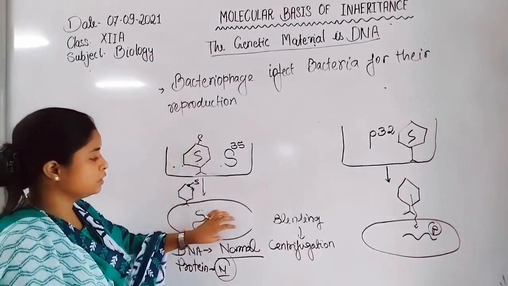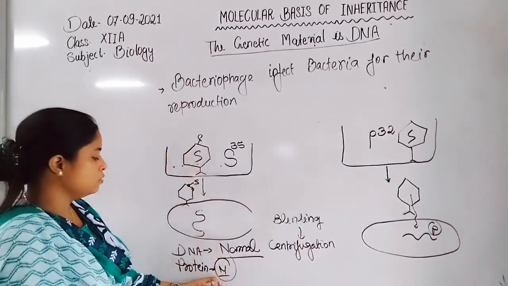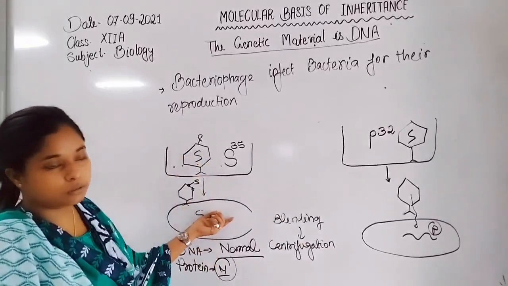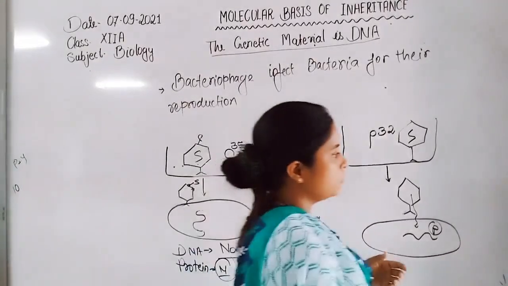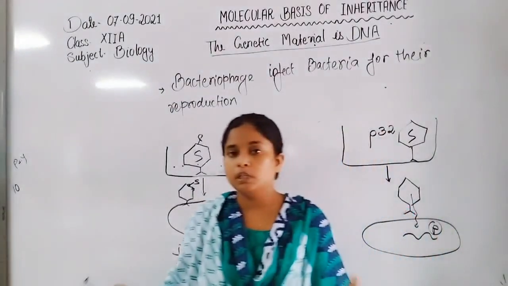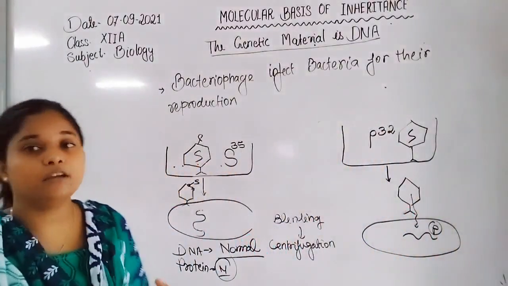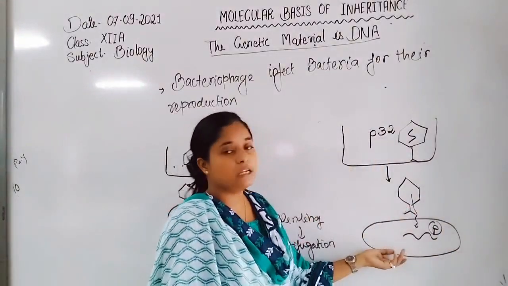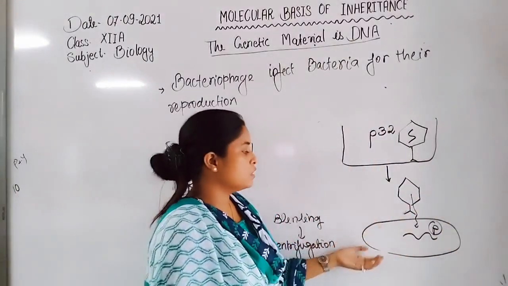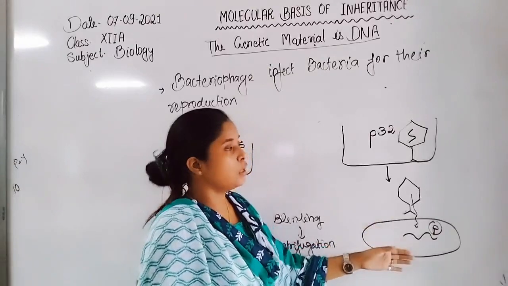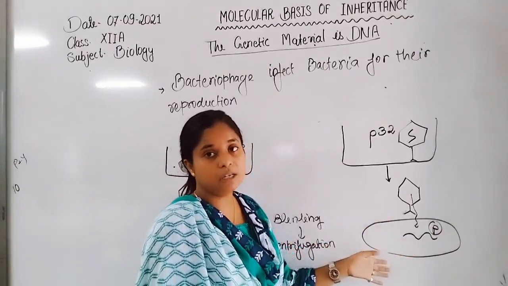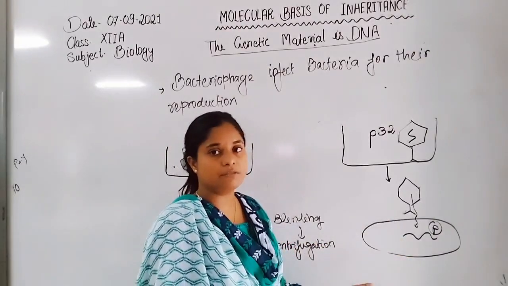So such protein is not a protein of the bacteriophage; this is the protein of E. coli. Did they differentiate between the DNA of E. coli and of the bacteriophage? When they identified that DNA is the genetic material, E. coli also has DNA as genetic material, but its genetic material is normal, not radioactive.